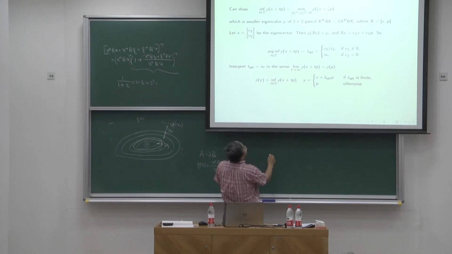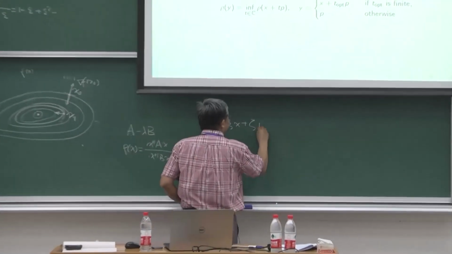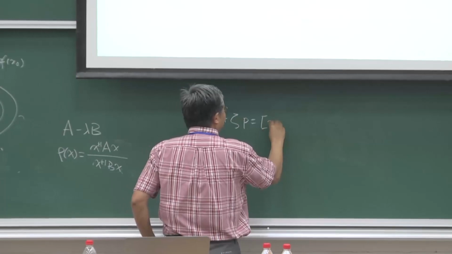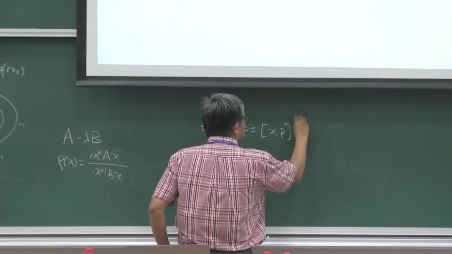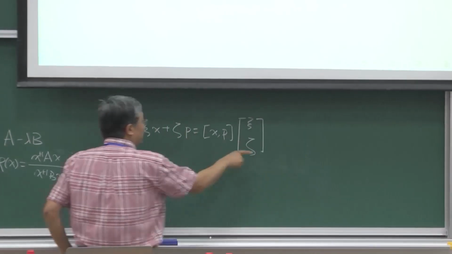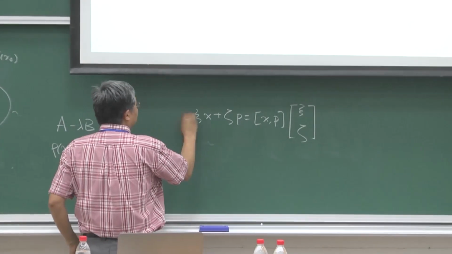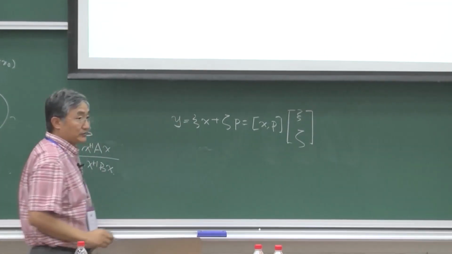You write c x plus theta p, which can be written as the matrix [x p] times a vector, a linear combination of that. Let's simplify and call this y.